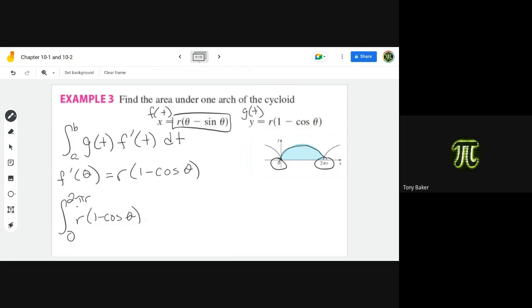And then we have f prime of t, which is also r times 1 minus cosine theta, d theta. All right, find me my integral of that. How much do you remember?